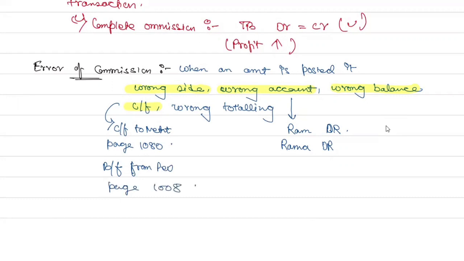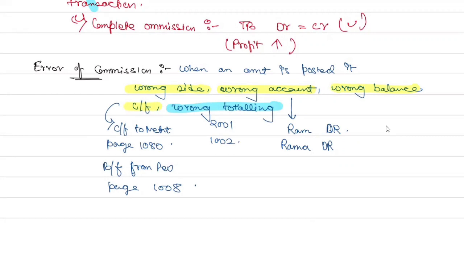So this is the wrong balance carried forward or brought forward. Now wrong totaling. I don't think any example is needed. Suppose my value was 2001, I wrote it 1002. So there has been a mistake in the totaling. This is all about error of commission.